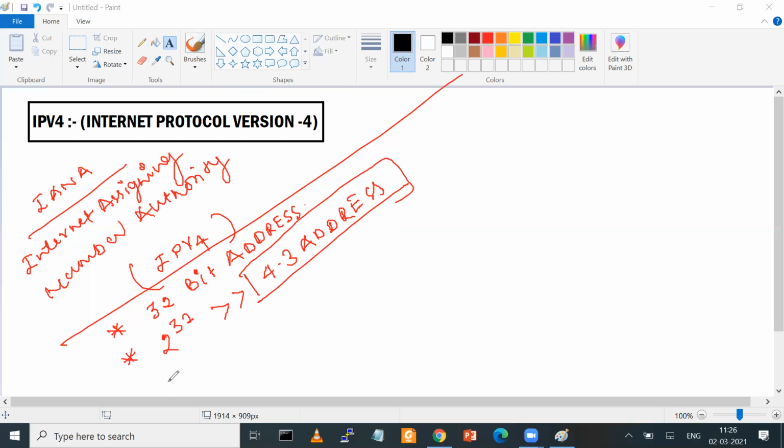2 की पावर 32 आप कैलकुलेट करोगे तो. IPv4 सपोर्ट्स डेसिमल नंबर सिस्टम. Decimal number system which is 0 to 9.